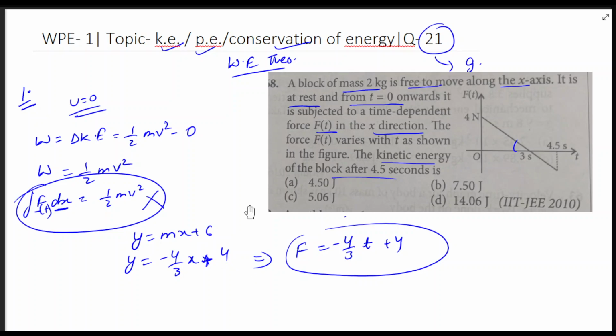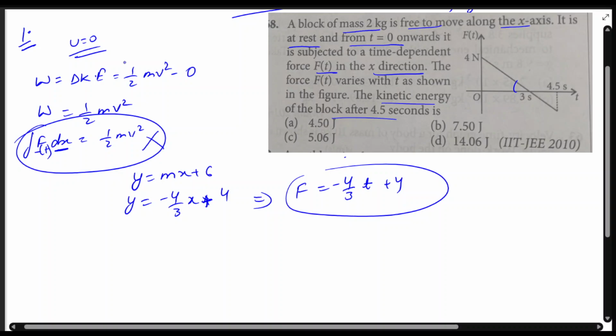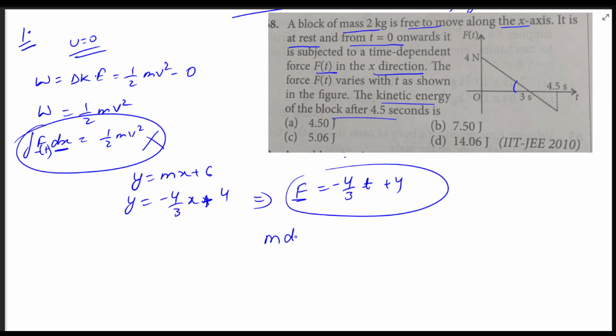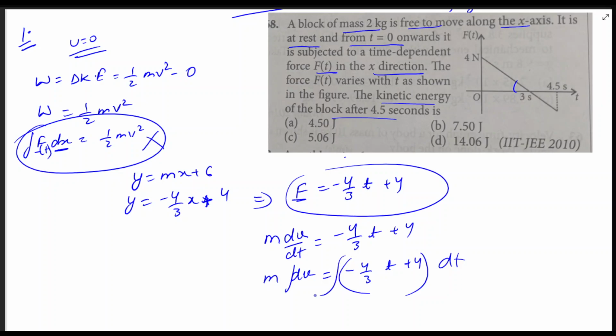Now I have to find kinetic energy, so simply we have to find the velocity. From there, force is m dv by dt equals minus 4 by 3 t plus 4, right? So just rearranging, we get m dv equals minus 4 by 3 t plus 4, times dt. Let's integrate them.